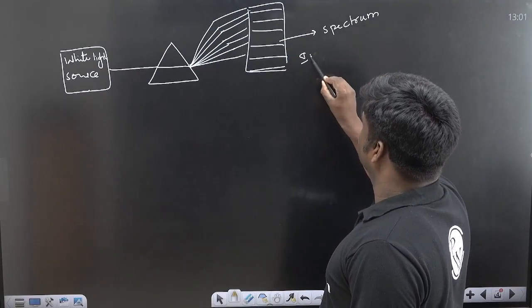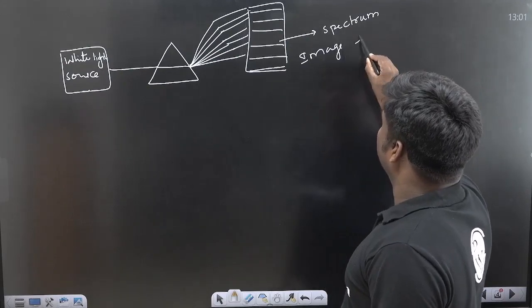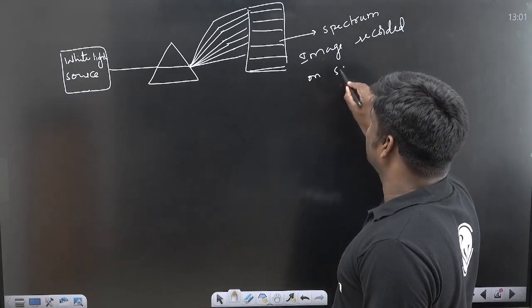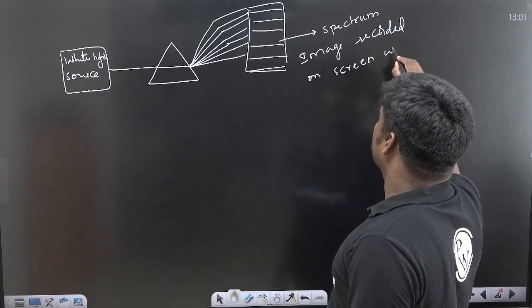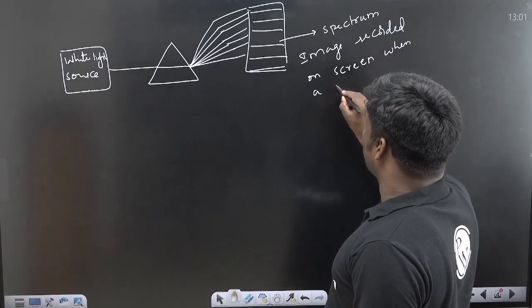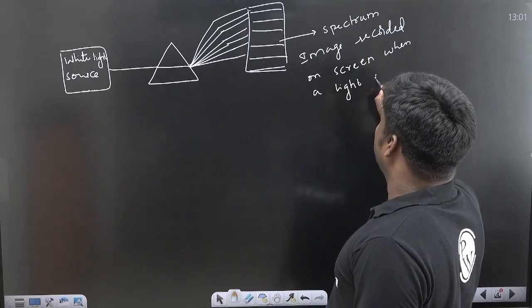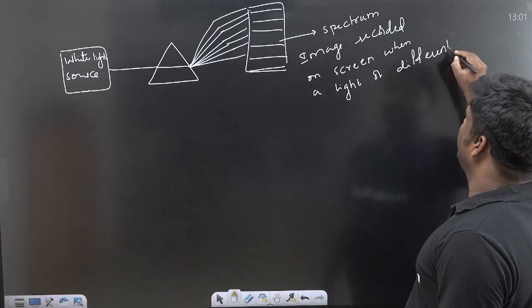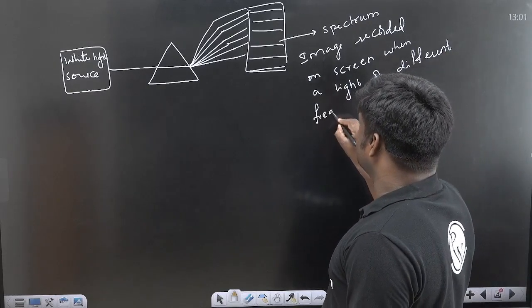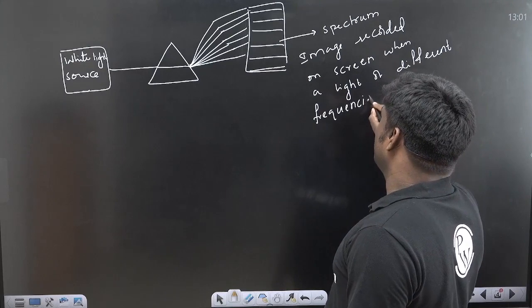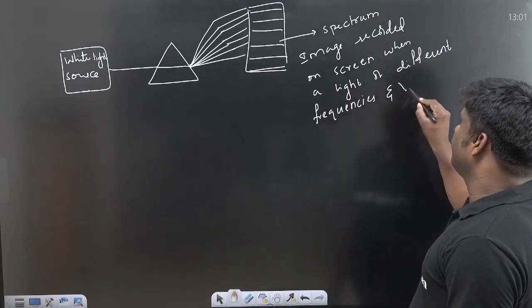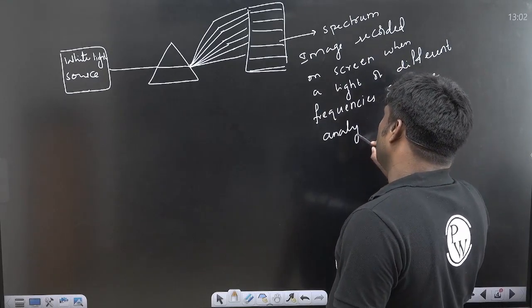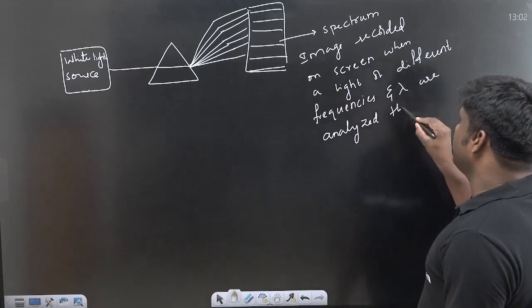Image recorded on a screen when a light of different frequencies and wavelengths is analyzed through a prism.